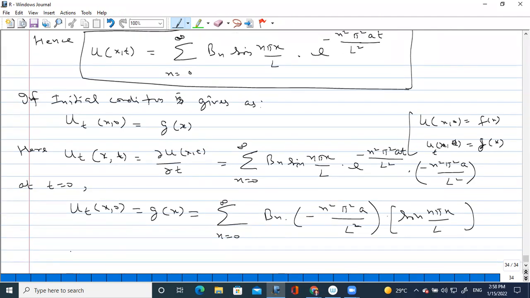So here what you have to do? For the Fourier series method, multiply both sides by sin(n pi x by L) and integrate.